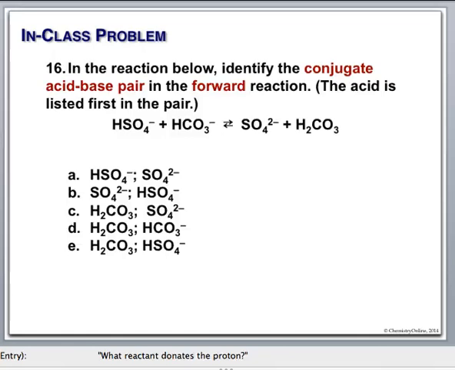Hydrogen carbonate is being converted to carbonic acid. So on this side, who is the Bronsted acid? Who's donating the proton? This guy, right. This is the acid. This is the Bronsted base. All right, so step one, we've identified our Bronsted acid here.